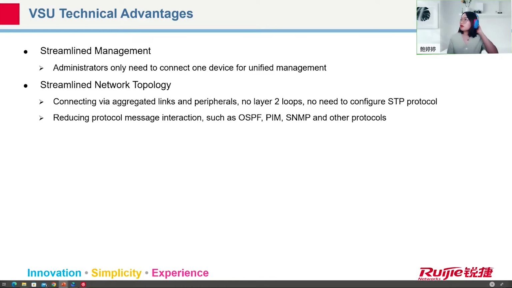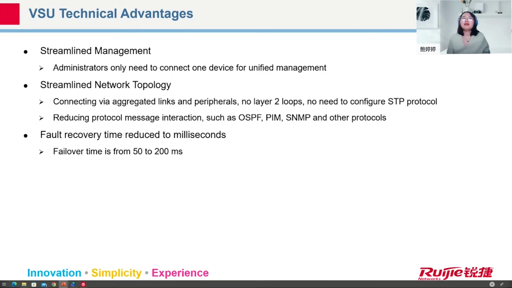If in your network you use a multicast service, maybe between the routers you will choose the protocol PIM. And SNMP is a management protocol between the controller and the devices, and we can collect a lot of device resource information from this protocol. So between these devices in the VSU, we don't need to run this protocol again. It's very easy to maintain.